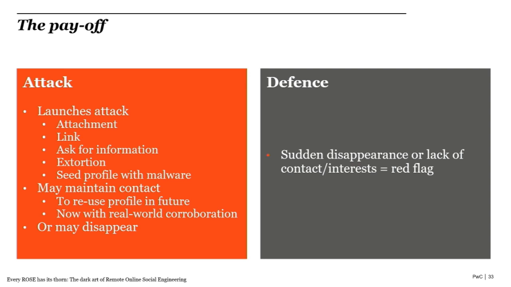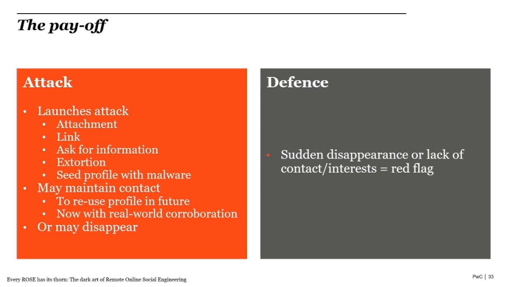If the attack doesn't succeed for whatever reason, then the attacker has multiple opportunities to send more malware or to try and get more information or whatever the objective is, because of that trust and rapport that's been built up over the course of that. And there's research that suggests, and I'll come on to it shortly, that even if the attacker at this point flags an antivirus product, for instance, by sending through malware, that may not be the end of their campaign.